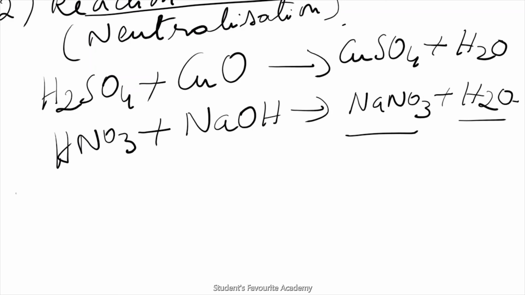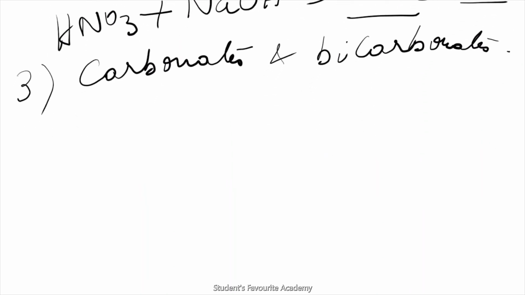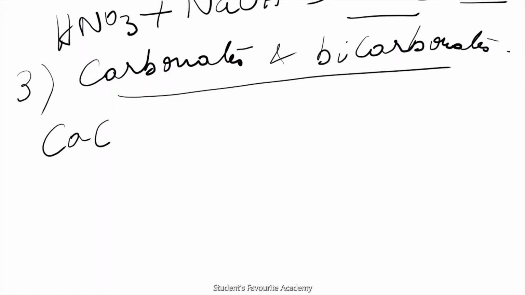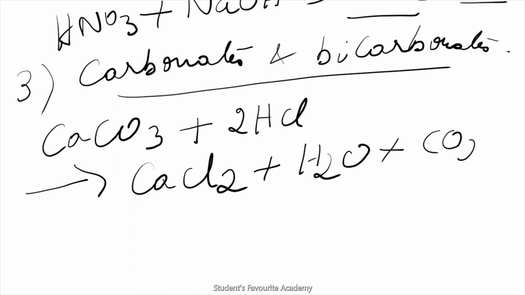Now, the next property, with carbonates and hydrogen carbonates, also known as bicarbonates. For example, carbonates: CaCO3, calcium carbonate, plus hydrochloric acid gives calcium chloride plus water plus carbon dioxide gas.